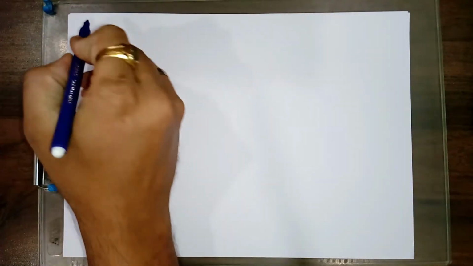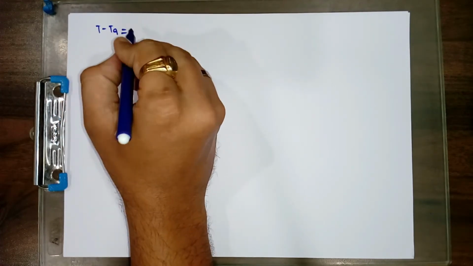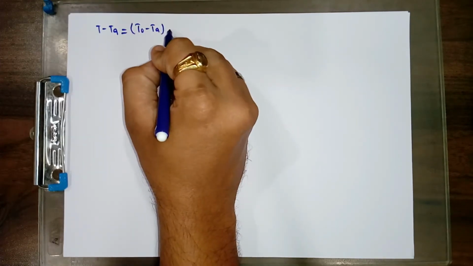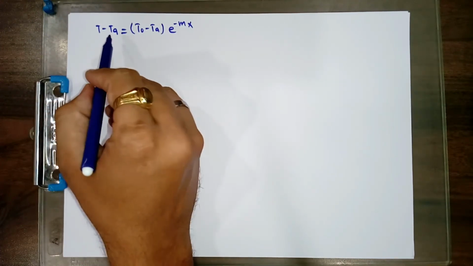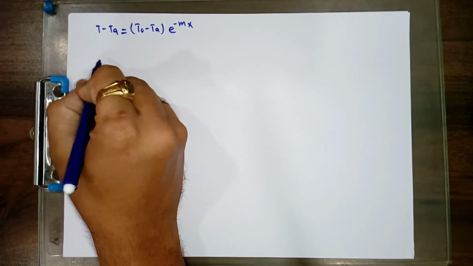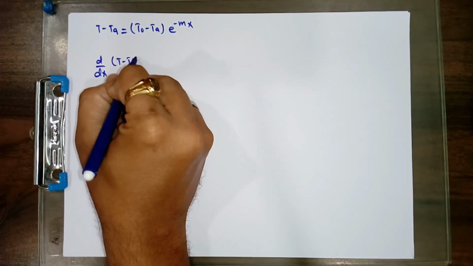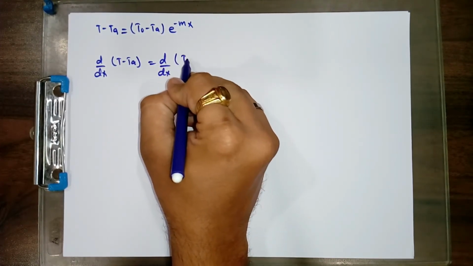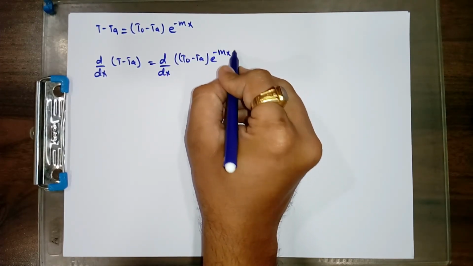So we write the temperature equation, T minus TA equals T naught minus TA into e to the power minus mx. Differentiation of the above equation with respect to x. So it becomes d by dx of T minus TA equals d by dx of T naught minus TA into e to the power minus mx.